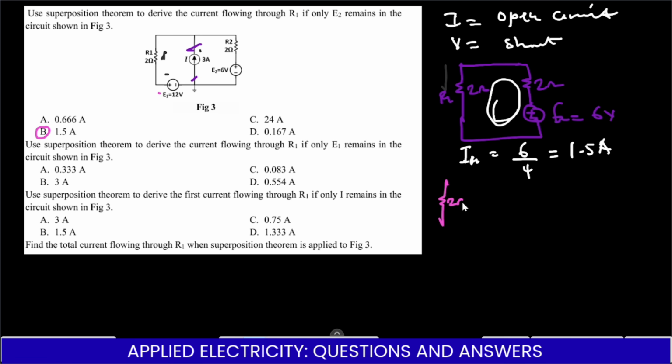We have our 2 ohms here, which is R1, and then our voltage source here, which is the one that remains, E1, equal to 12 volts. The current source will be open circuit, so we remove it. And then finally we have another resistance of 2 ohms. We have removed E2, which is a short circuit, so we just draw a line across it.